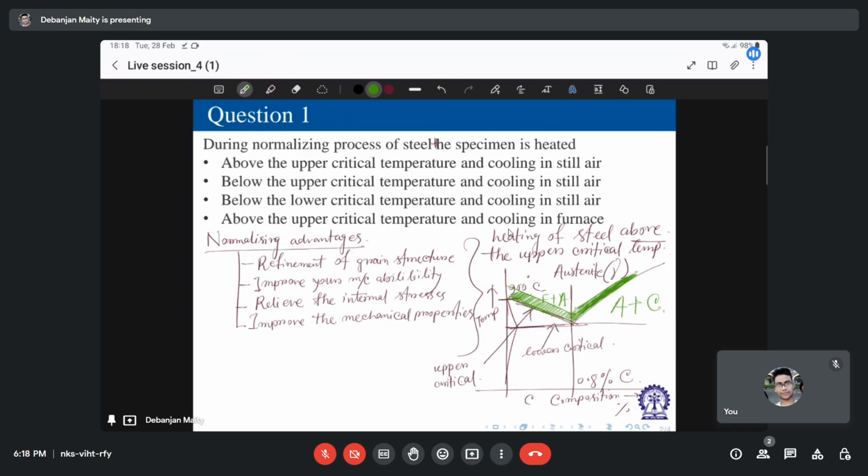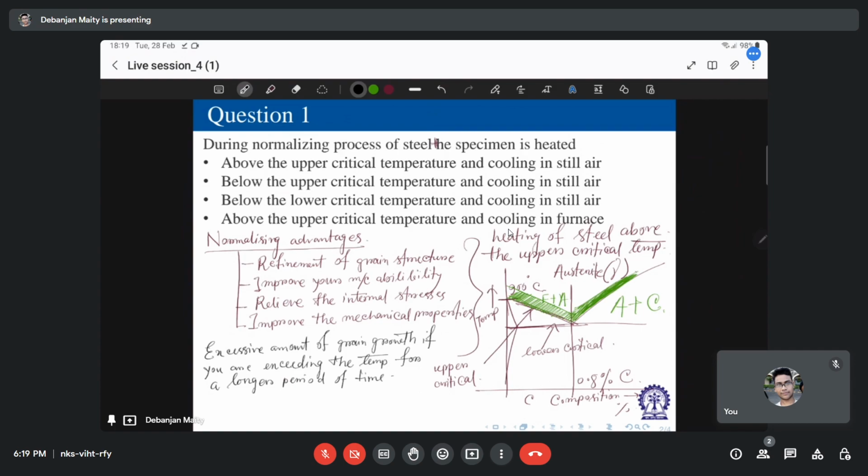Exceeding this temperature range might result in excessive austenitic grain growth, so there can be excessive grain growth if you exceed the temperature for a longer period of time, right?